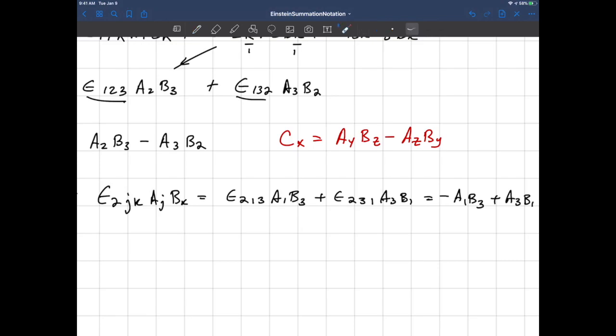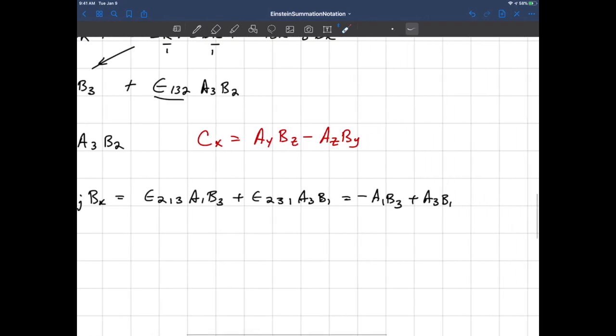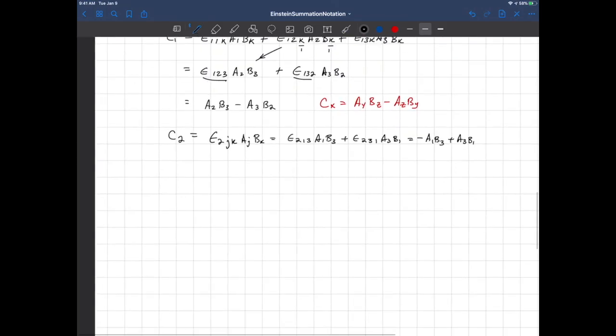Now, if you didn't follow what I did, let's say it a little more carefully here. I'm doing the sum over j. The first term I try is j equals 1. But once I've done that, I know what k has to be if I'm going to get a non-zero result. So I get 2, 1, 3. Then I do epsilon 2, and I'm going to put in 3, which means this has to be 1. So there we go. And then I just use the property of cyclic and anticyclic to get the minus 1 and the positive. In your homework, I'm going to ask that you show this is the case.